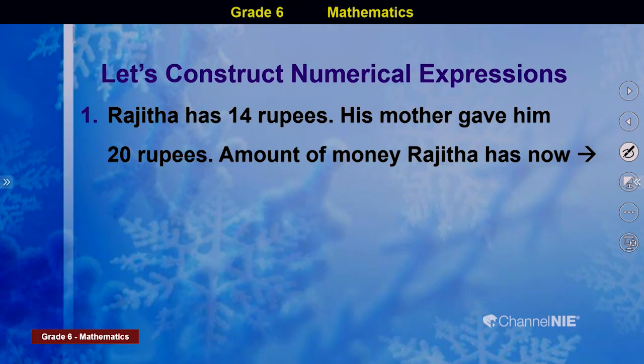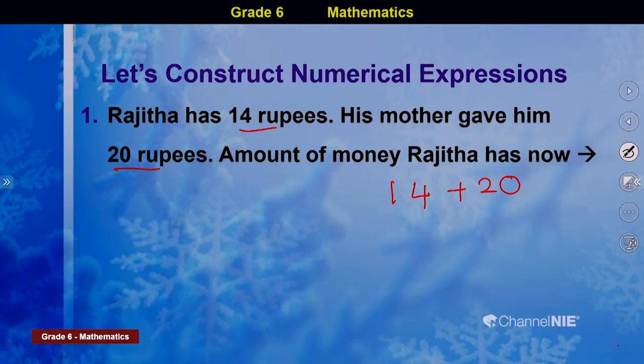Amount of money Rajitha has now. Rajitha has 14 rupees. His mother gave him 20 rupees. Then to get the total amount that Rajitha has, we have to add the two numbers.